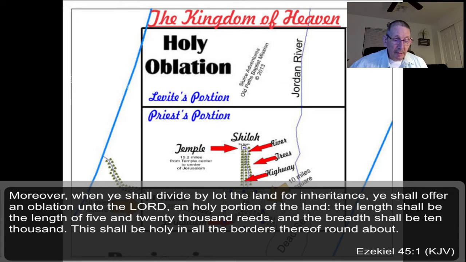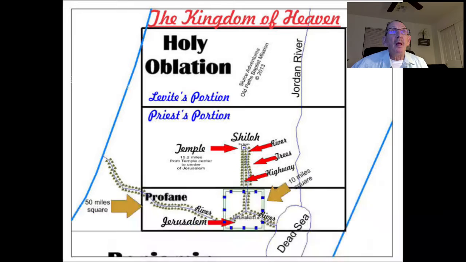And basically what this is describing is an area that we have pictured here. Let me do this a little differently so I can point again.